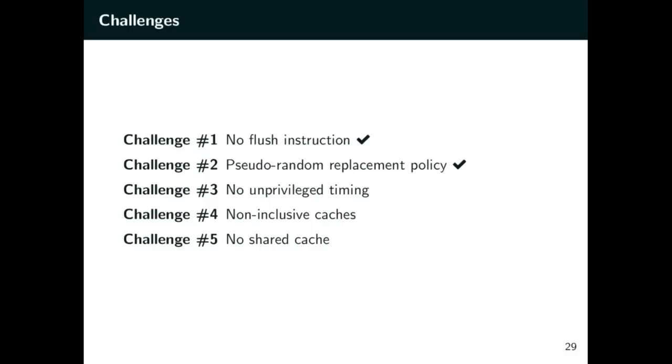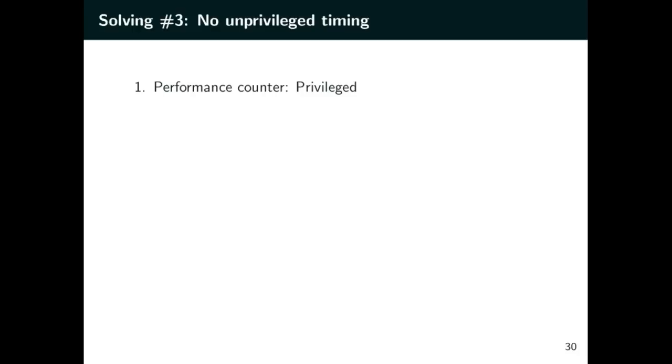The next challenge that we need to solve is that we don't have an unprivileged timing source. As I told you, the performance counter can only be accessed in privileged mode. So we need to find something different that we can use to distinguish between a cache hit and a cache miss. The first thing that we found is that you can use the perf interface with the perf_event_open syscall, which is unprivileged, and we can also access the cycle counter through that.